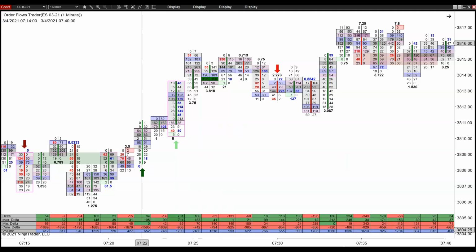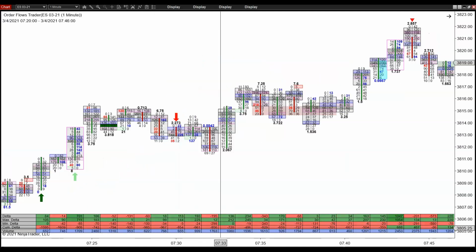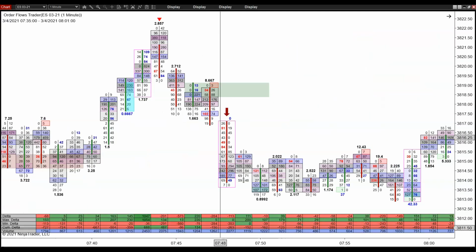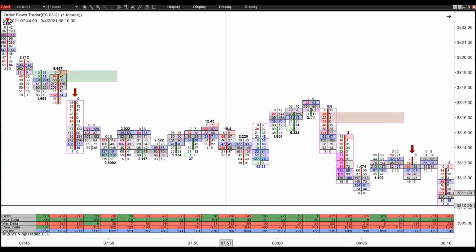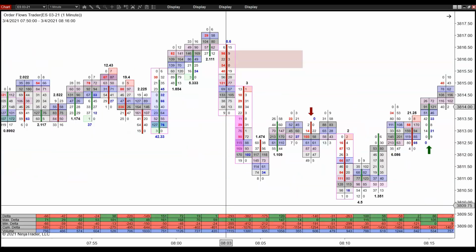Now, you can see this red line down here at the bottom. He's saying the market was slowly going up, cumulative delta was going down. Granted, before the cash market opens, you've got a lot less volume, and that's going to have an effect on the market.